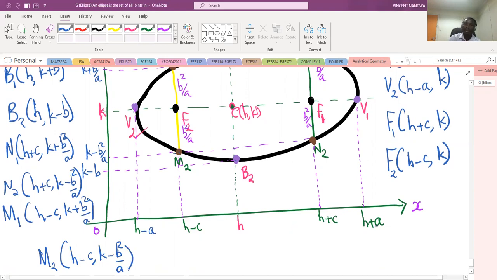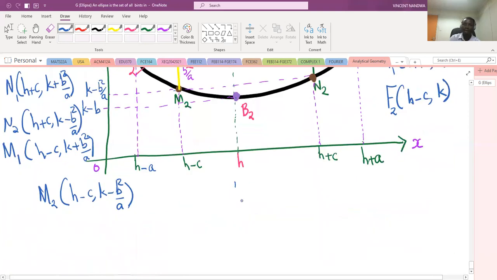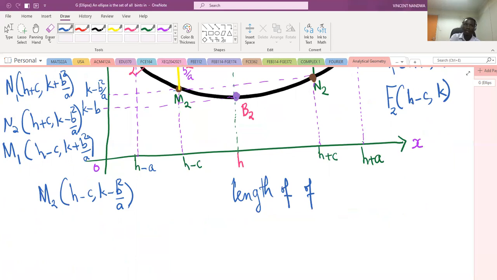And then the length of the latus rectum remains 2b squared over a, just as we saw in what we discussed previously.